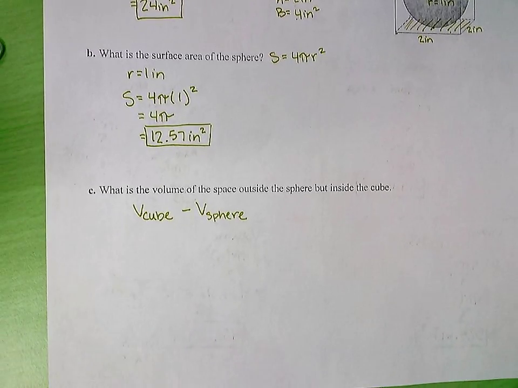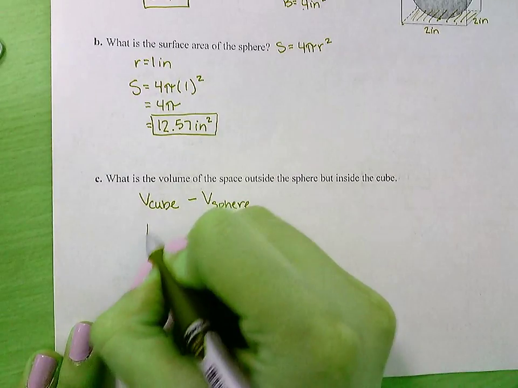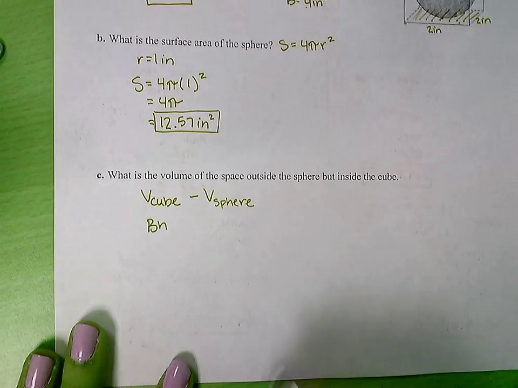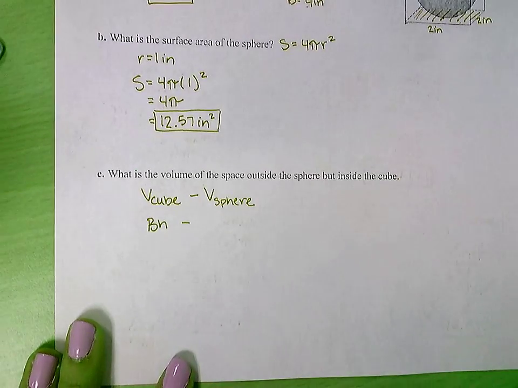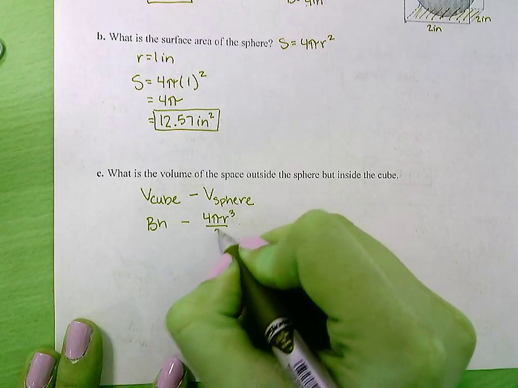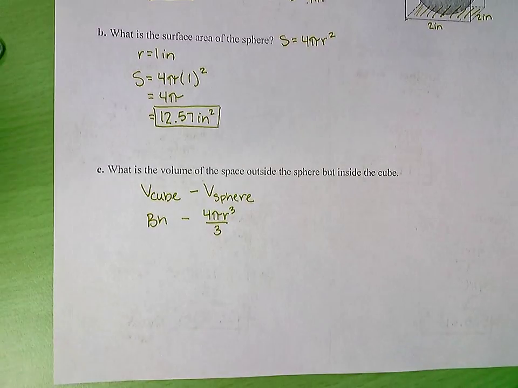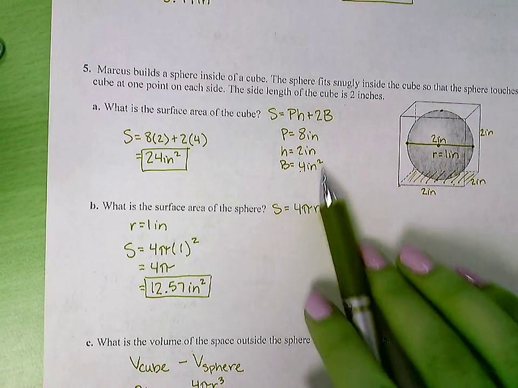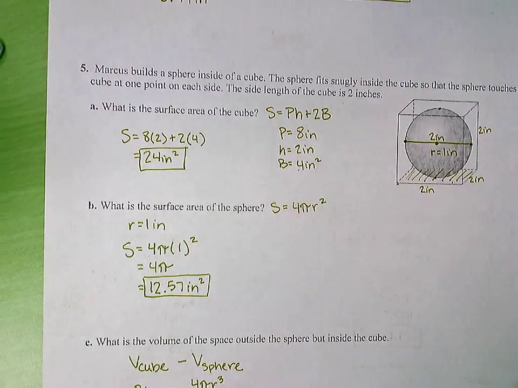To find the volume of a cube, again, that formula is just B times H. And the volume of a sphere is 4 pi r cubed divided by 3. We already found B and H for the cube up in the surface area problem, so we have B at 4 and H at 2.